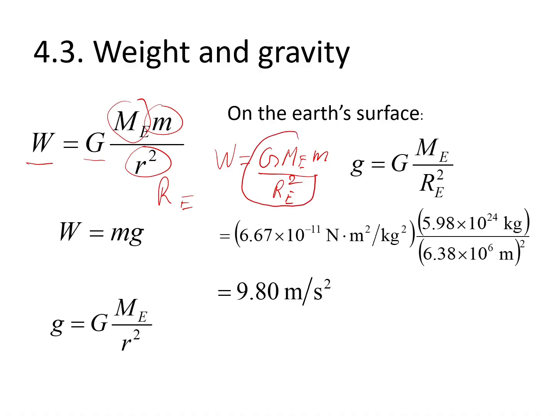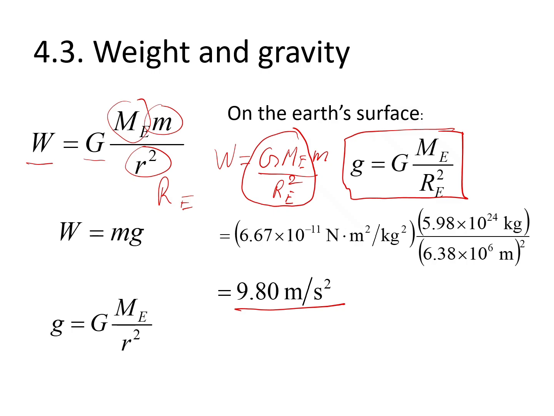This part can be written as lowercase g equals G M_E over R_E squared. Now if we substitute the values for the mass of the Earth, the universal gravitational constant, and the radius of the Earth, and calculate this value, we find g is equal to 9.8 meters per second squared. So that is the value we know as the gravitational acceleration.